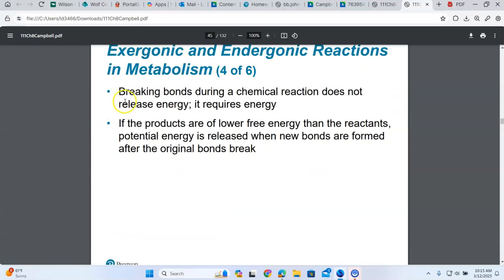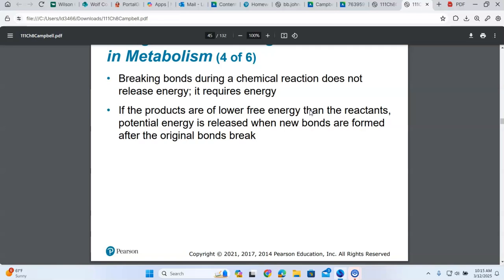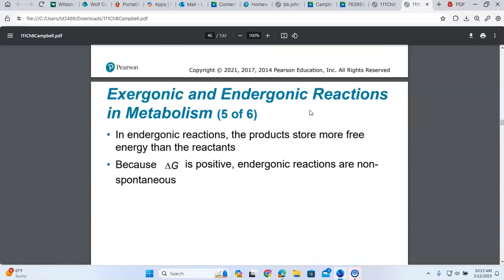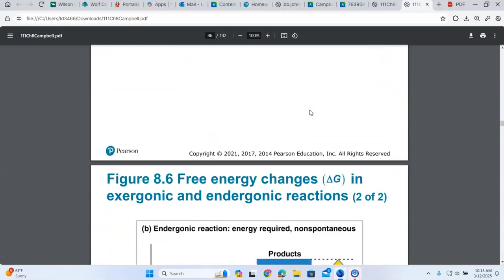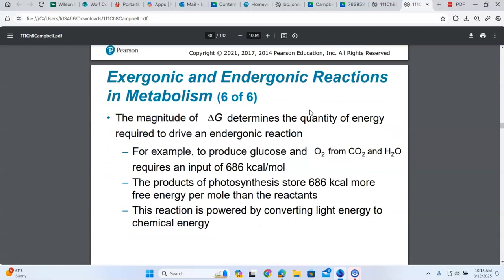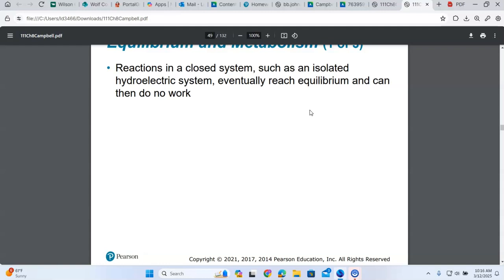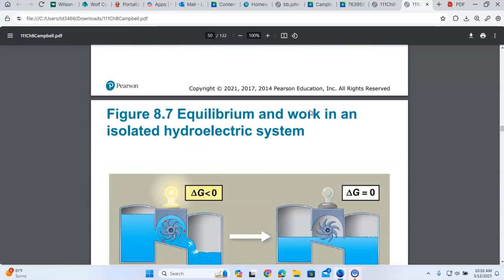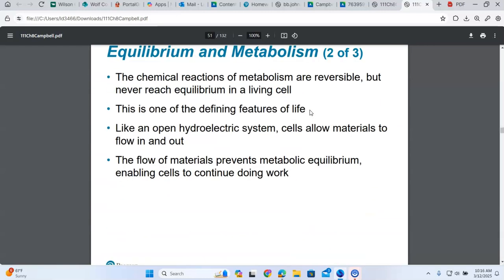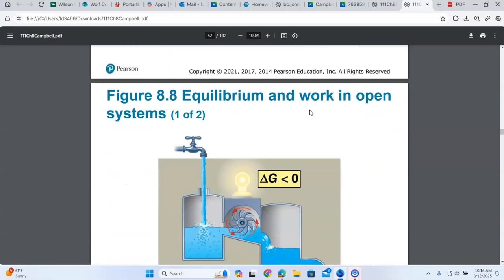Exergonic, where you're breaking bonds, is going to end up releasing energy, and endergonic, forming bonds, is going to require energy. Okay. We're going to skip some of this stuff.